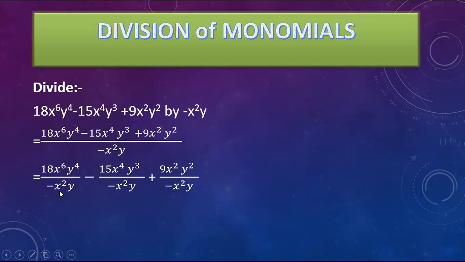So we can write minus 18 x power 6 minus 2, and here the y power is 4 and here the y power is 1, so we can write y power 4 minus 1. Is it clear?